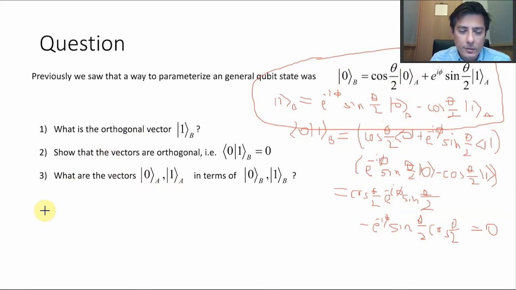So first, let's multiply the first equation, 0b, by a factor of e to the minus i phi sine theta over 2. And let's also multiply the second equation by a factor of cosine theta over 2.